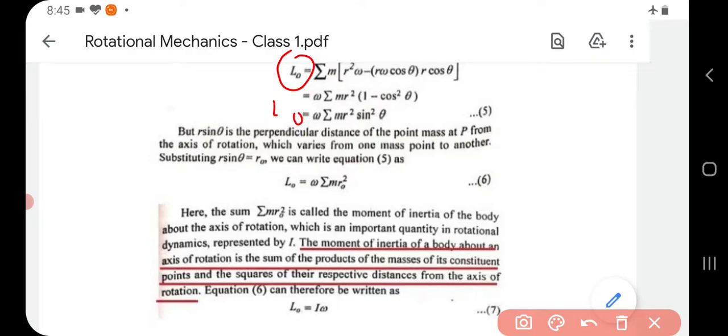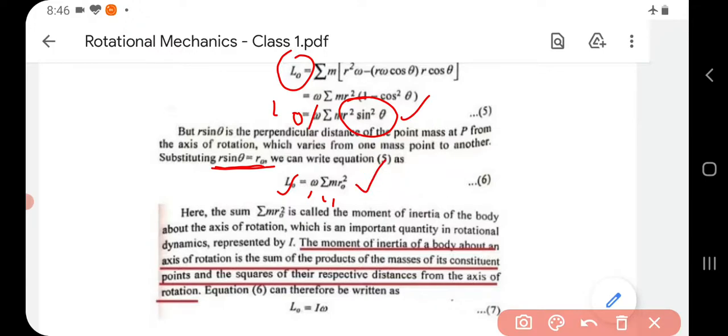So it is L0. Now you are just asked to replace r sin theta with r0. So how will this equation look like? L0 equal to omega sigma m, r sin theta is r0, so r square sin square theta will be r0 square. See, that is how you got equation 6.